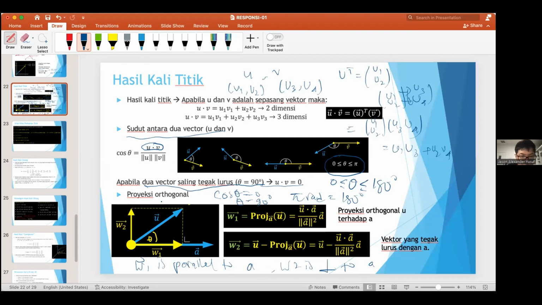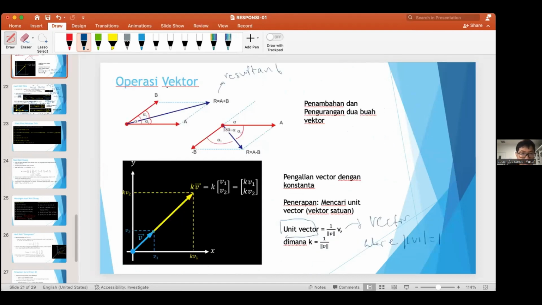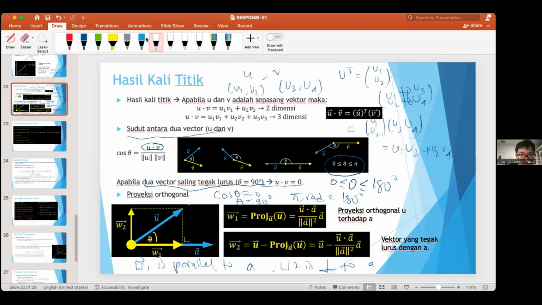And if you notice, u, W2, and W1 have this additive relationship, where u is equal to W1 plus W2, which is why this is how we calculate W2. Okay, so I think that should be it.